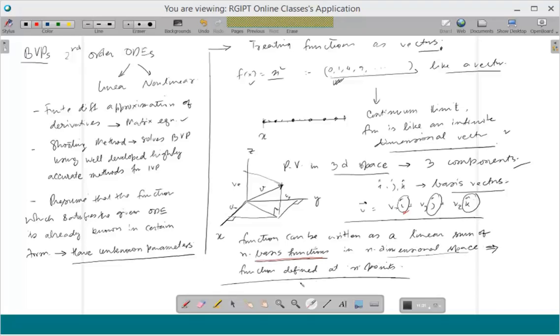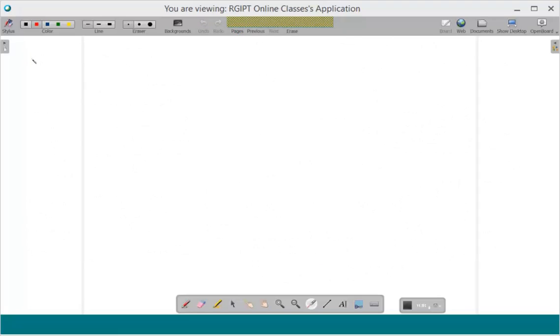Simply applied over here as well. So a function is decomposed into n basis functions. That means there are basis functions, and in n-dimensional space there would be n basis functions. Okay, I'm not going into the mathematical rigors.